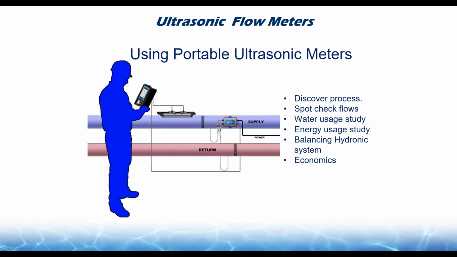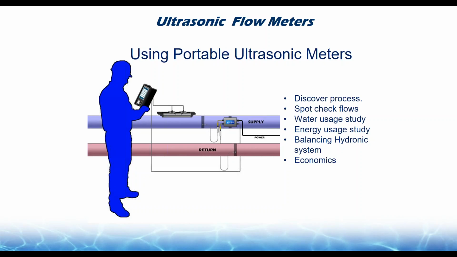You have up and down flows. You may not have continuous water monitoring. So in that case, you would clamp something on the pipe and leave it there for a period of time. And then you could look on the display and say, oh, after 7 days, I've used 322 gallons. And then you might want to get more granular and say, what time of the day did we use that water?